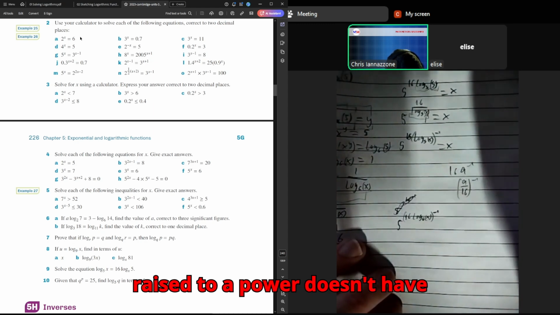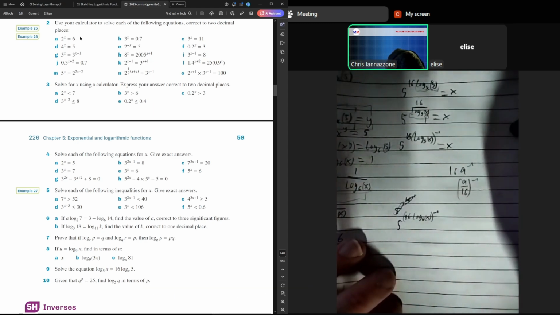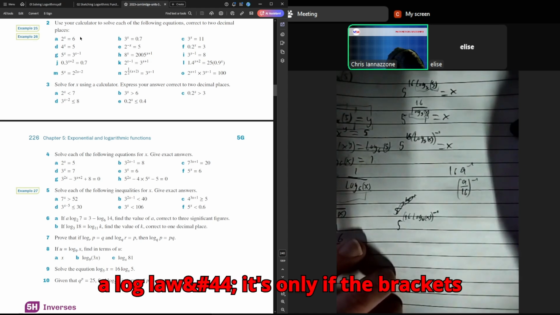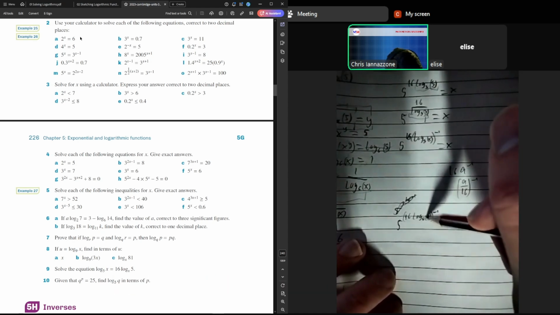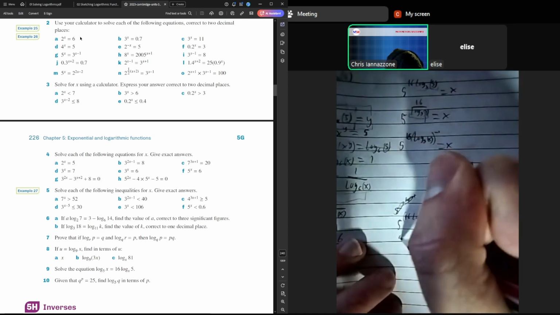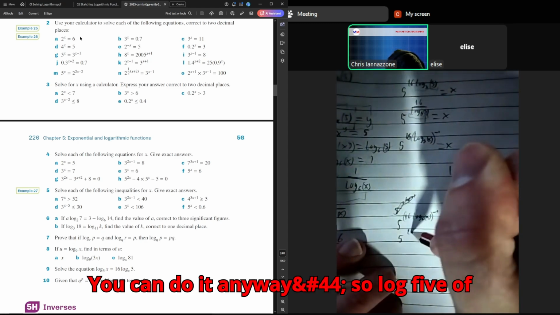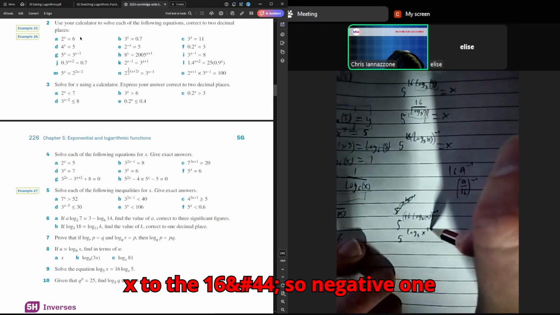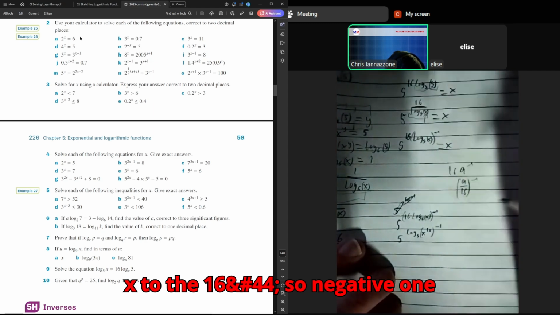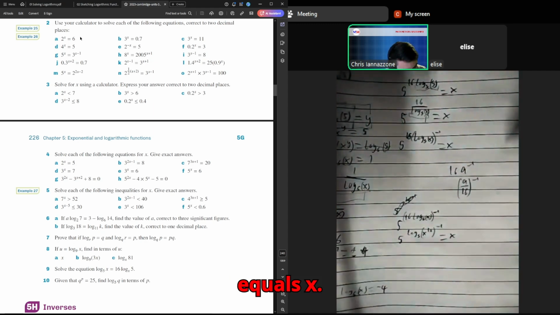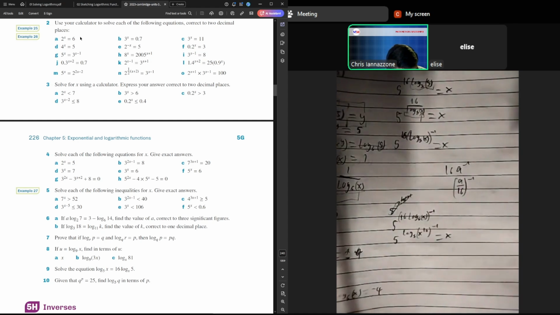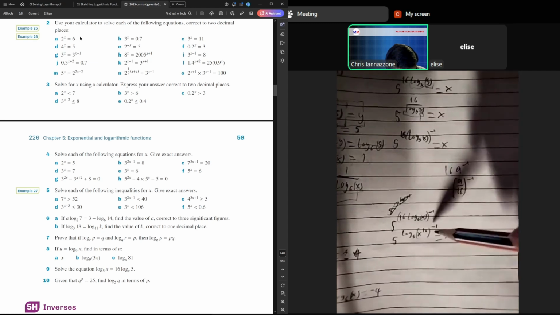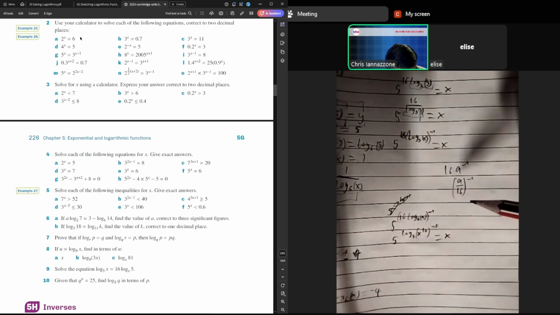A logarithm raised to a power doesn't have a log law. It's only if the brackets are a power. You can do it anyway. So log 5 of x to the 16, so -1 equals x. Now it's a -1.